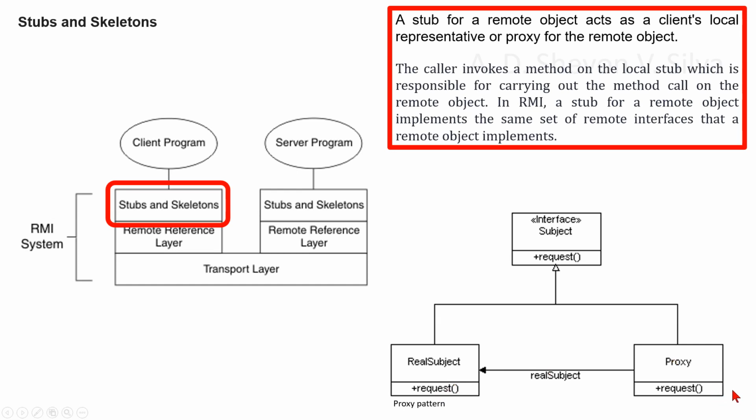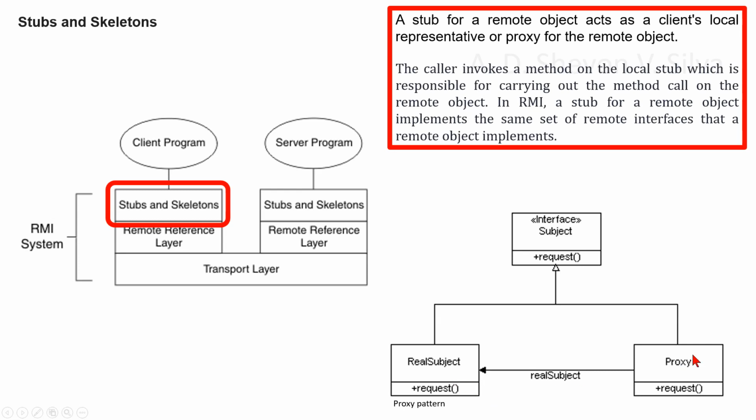The proxy knows how to forward method calls between the participating objects. This diagram illustrates the proxy pattern. In the RMI use of the proxy pattern, the stub class plays the role of the proxy, and the remote service implementation class plays the role of the real subject.